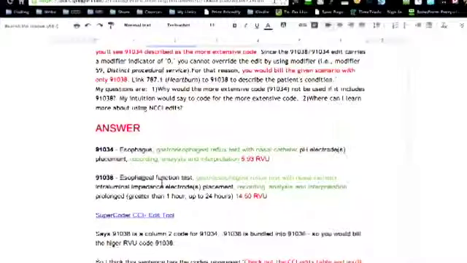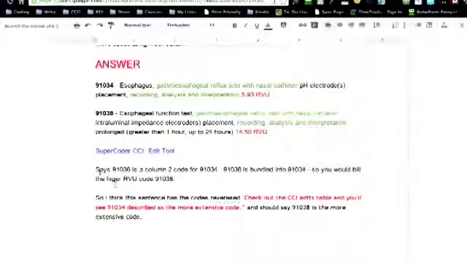And the 038 code, the higher RVU one, is called an esophageal function test. And it's apparently a little more involved. It talks about greater than 1 hour, etc. So if your documentation supports greater than 1 hour, etc., then go with the 91038 and do not report the 91034, else you'll be violating the CCI edit.